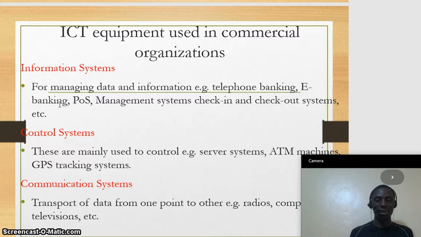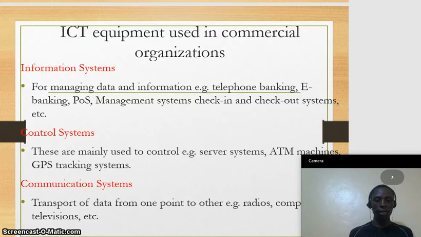Then the control systems are mainly used to control, for example, server systems and the ATM machine in your bank, like KCB Bank or Centenary Bank, when you go there, there is an ATM machine. The GPS locator or tracking system tracks the location of different areas. So that is a control system.